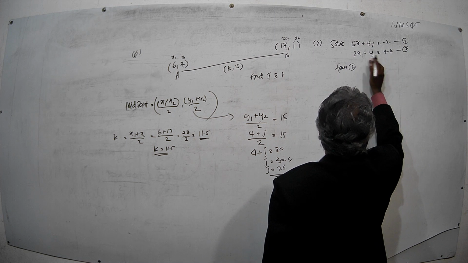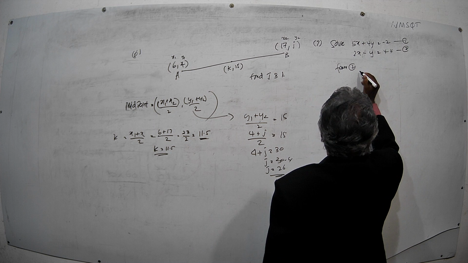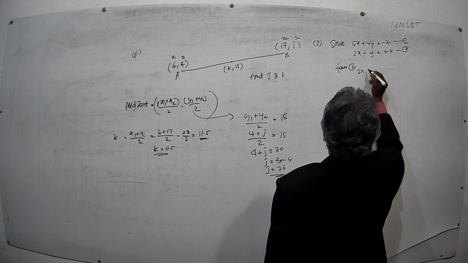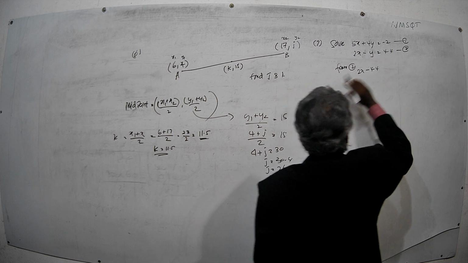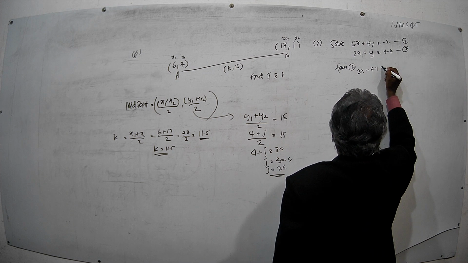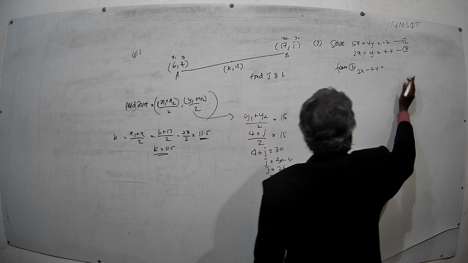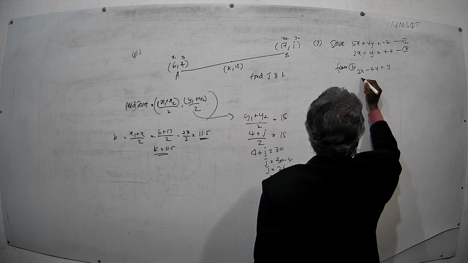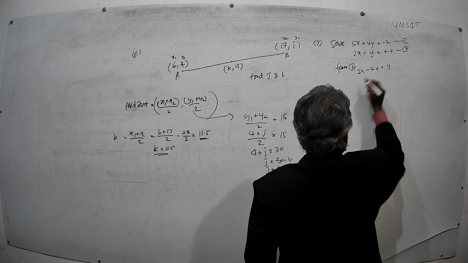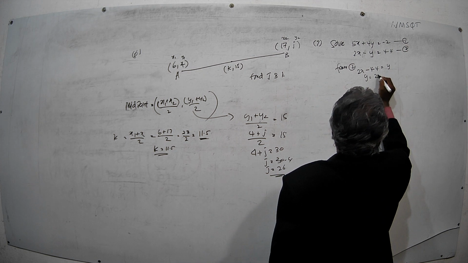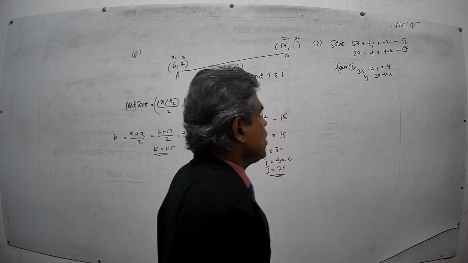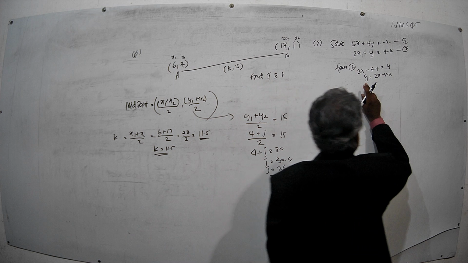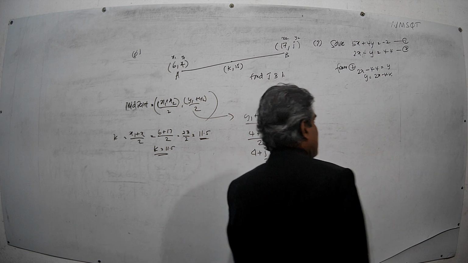Take y to that side and bring the rest to this side: 2x minus 4.4 equals y. So y equals 2x minus 4.4.